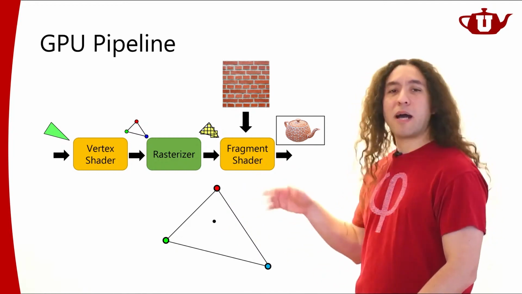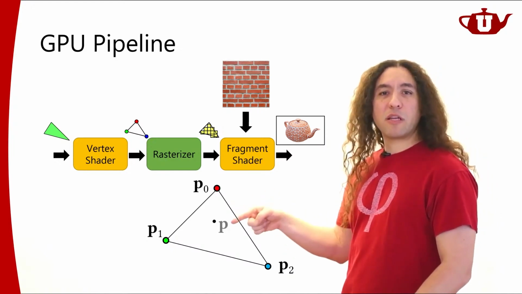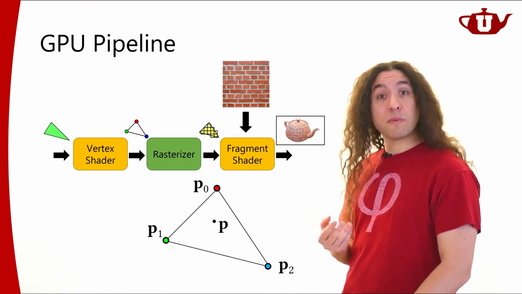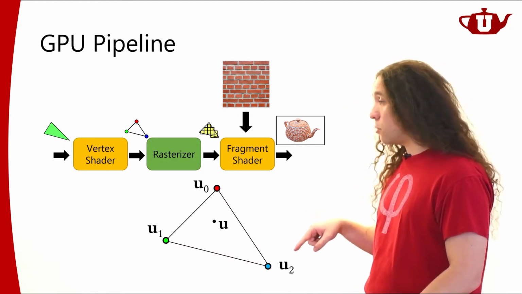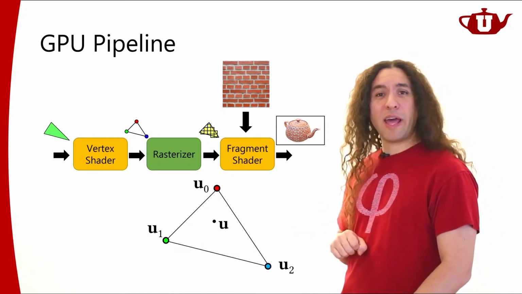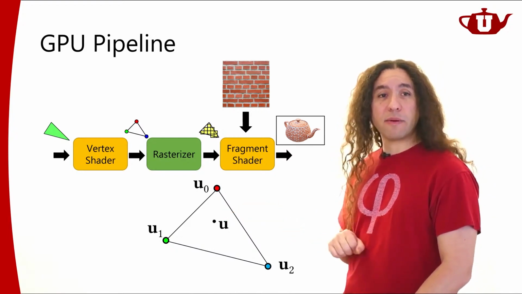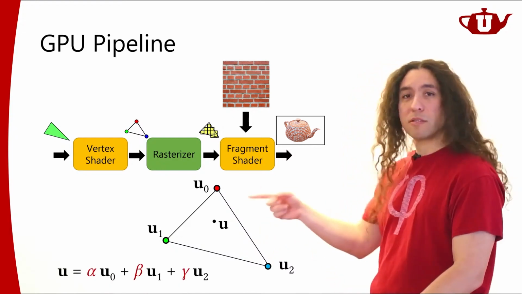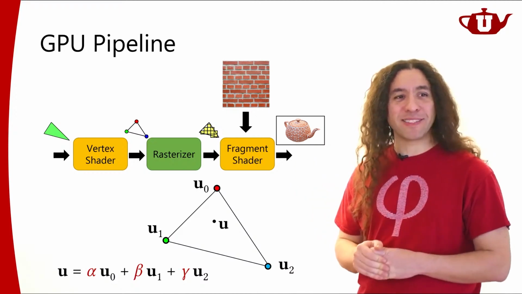In whatever space I specify these three vertex positions, my fragment shader is going to get the interpolated position here. Similarly, with the texture coordinate attribute, if I send the texture coordinates from my vertex shader, my fragment shader is going to get this interpolated texture coordinate from the rasterizer. And that interpolation is, of course, using the barycentric coordinates of that point. Same thing as always.